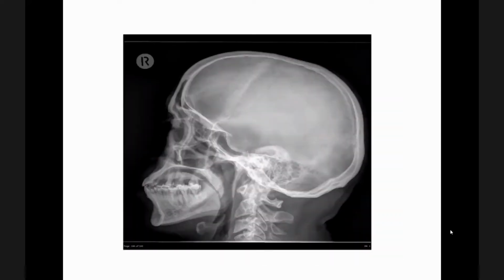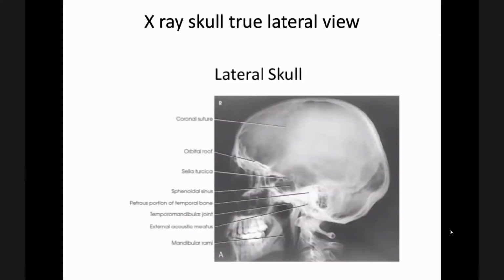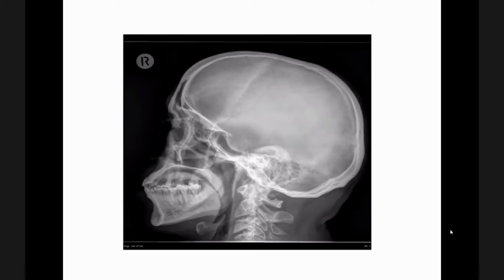skull. So when this is enlarged, you can see the sella turcica, the normal structure, its architecture is lost. The depth is changed and the size has been increased.